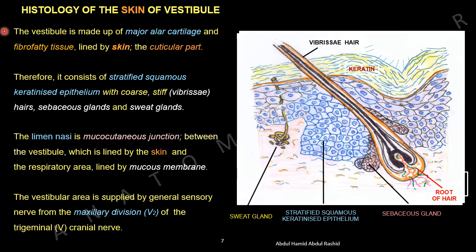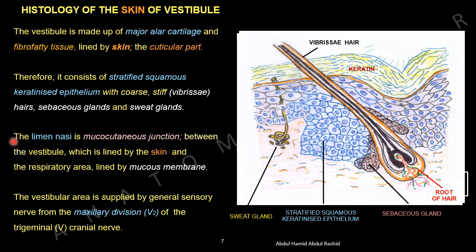We have already mentioned this part. Therefore, it consists of stratified squamous keratinized epithelium with coarse, stiff vibrissae hairs, sebaceous glands, and sweat glands.